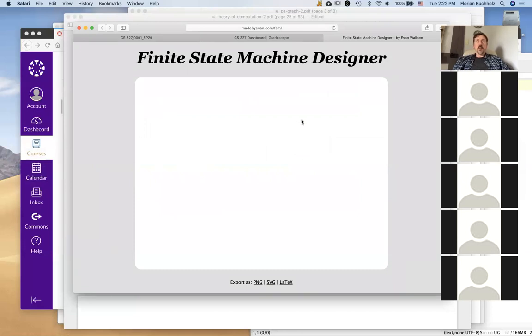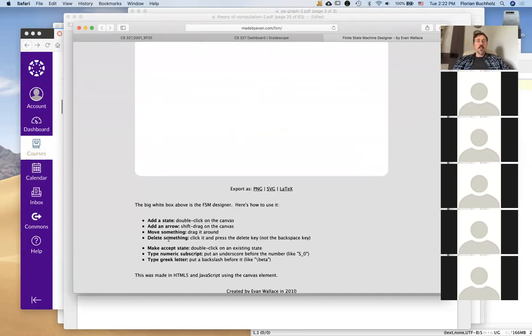There's a link to the URL in your homework assignment, because I'm actually planning on having you use this for the final exam as well. It's a website. I think once you've loaded the website, you don't have to be online anymore for it. And if you scroll down, there's a little bit of explanation on how you actually do stuff.